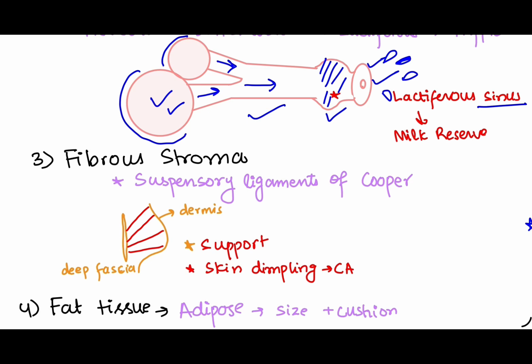Then we discussed that there is some stroma. Stroma is like the fibers. We need fibers to support the breast tissue. And what are these called? These are called the suspensory ligaments of Cooper, another fancy name for simple suspensory ligaments.